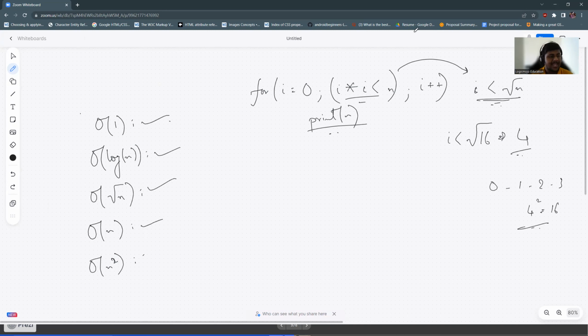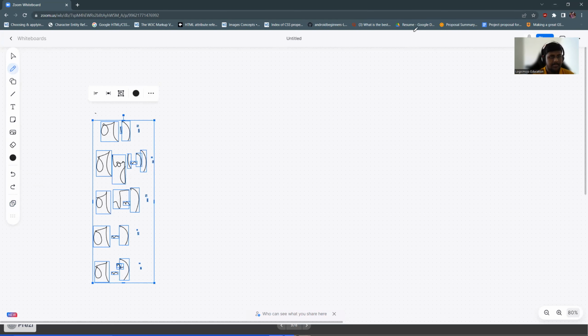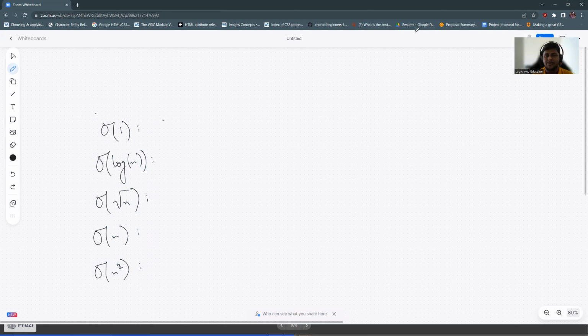For n square, it's not that big of an issue, because we generally get n square when it's a 2D matrix. Let's take a matrix first.